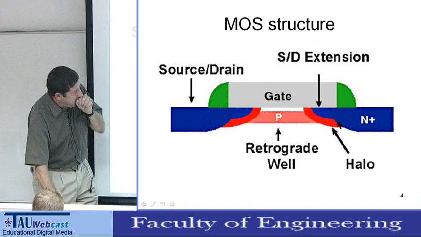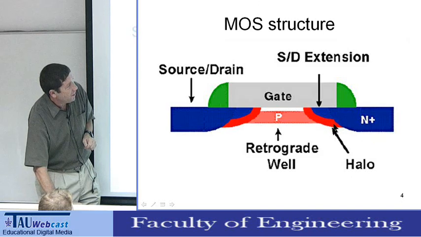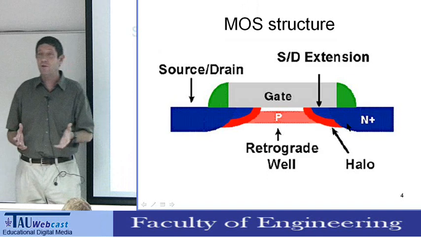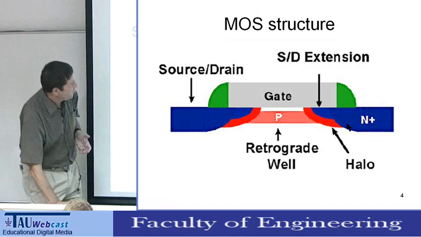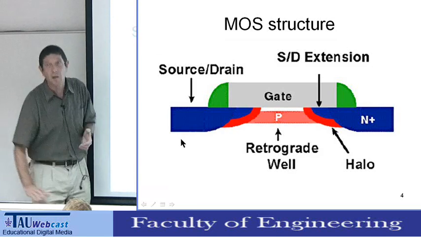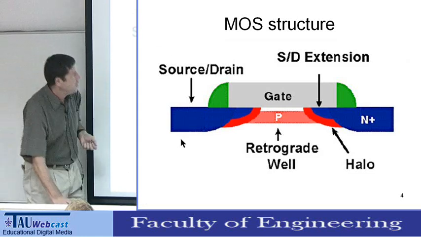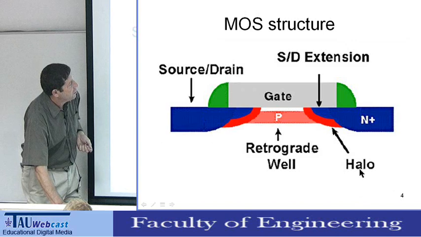Now you don't introduce this doping everywhere because this also increases the capacitance of the junctions, and if you introduce heavy doping here, it will also increase the leakage current of the devices. So you introduce this doping only here. So this is called a halo structure, or in this region a pocket implant.